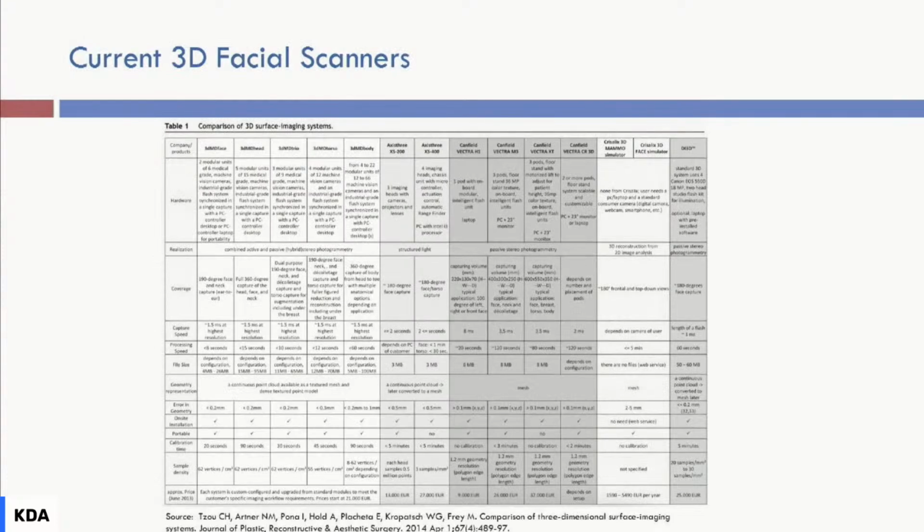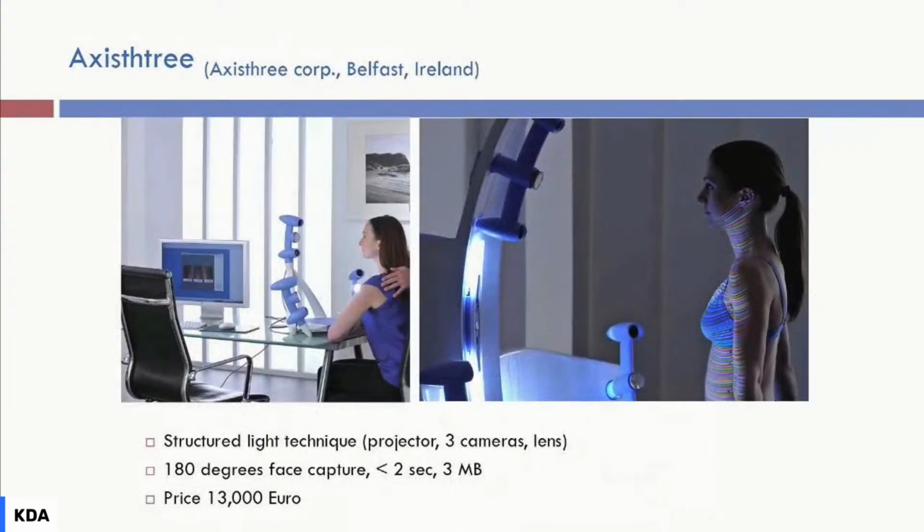So there are many cameras, the technology is there, probably you cannot read that, but about all the features, and then you can look at the price: 13,000 euros, 27,000 euros, 9,000 euros, 20,000 euros, 37,000 euros, and there are cameras up to 100,000 euros. So what we know about these camera systems is that they use all different technologies, and even though the price is getting more affordable, it's still very expensive.